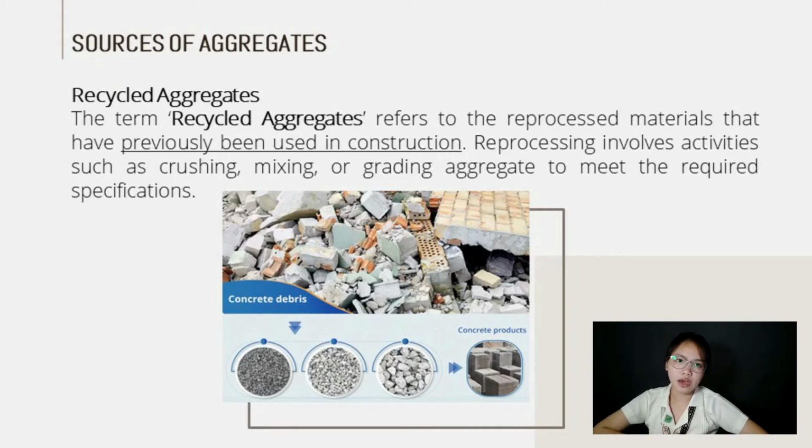As I said, aggregates can only be either natural or recycled. And since we are done discussing natural aggregates, let's now talk about recycled aggregates. The term recycled aggregates refers to the reprocessed materials that have previously been used in construction.